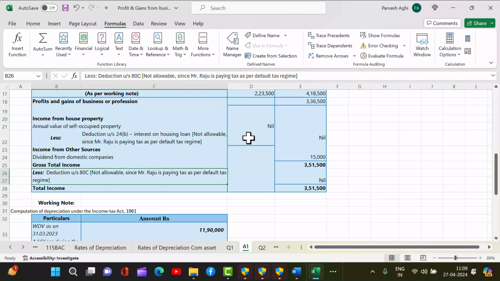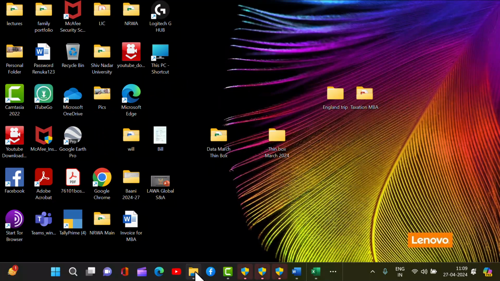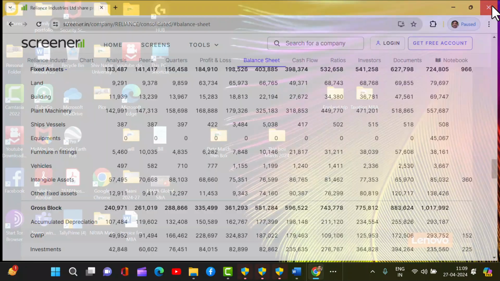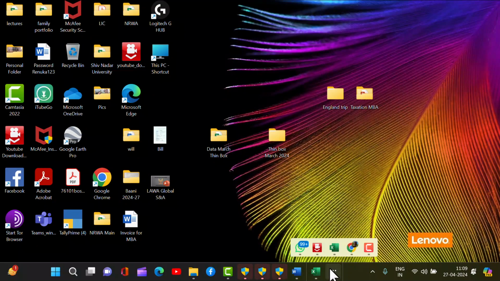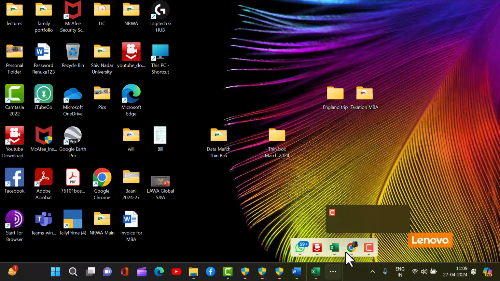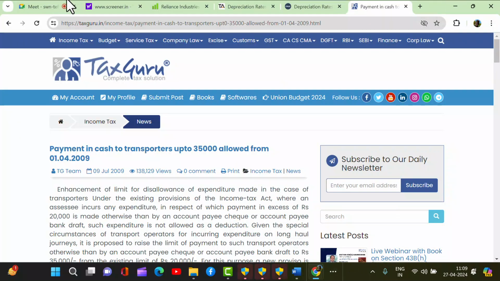So Raksha, why this deduction has not been allowed to him? Suraksha is there? कहाँ गए सारे?